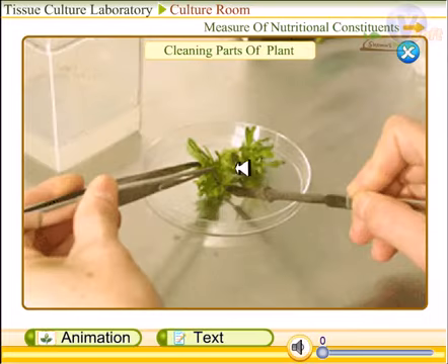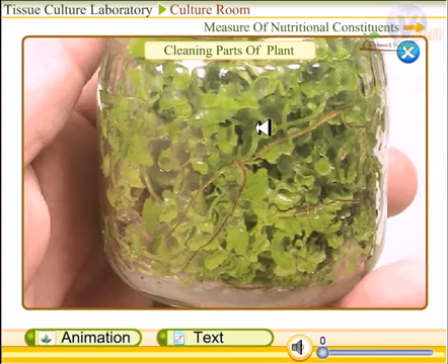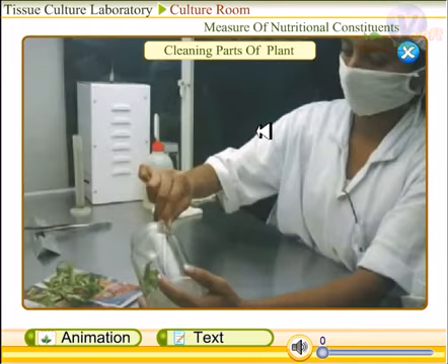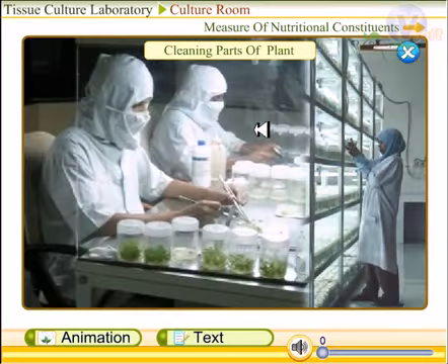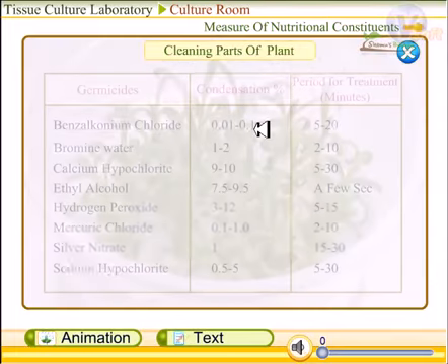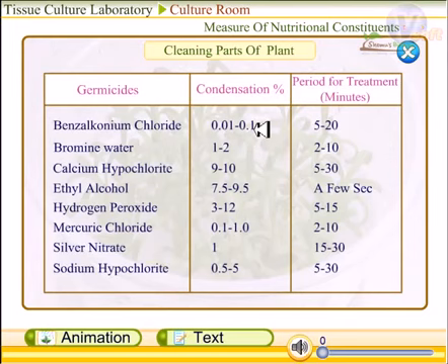Now cleaning of the parts is really important because cleaning must be done very carefully, otherwise there will be a high chance of contamination. For this cleaning we must have a clear-cut and very clean area for doing all these things.